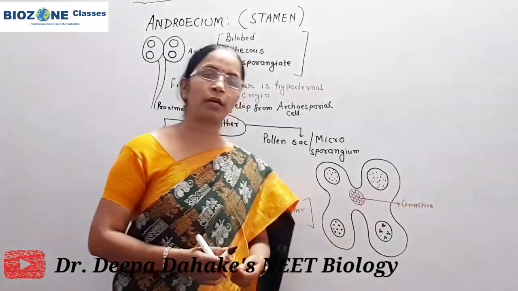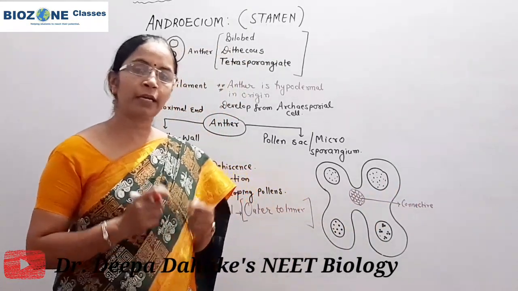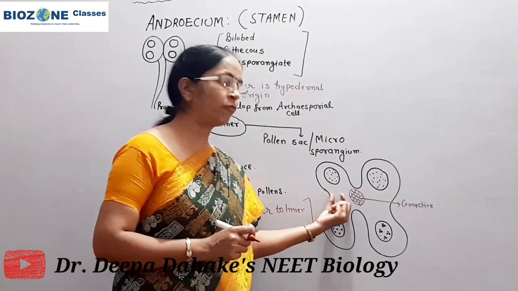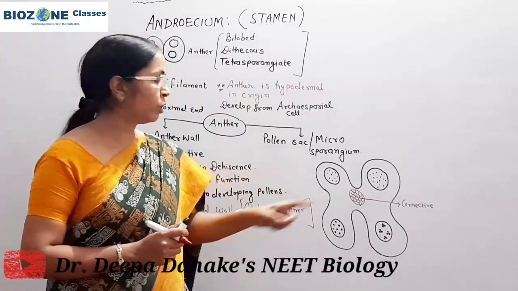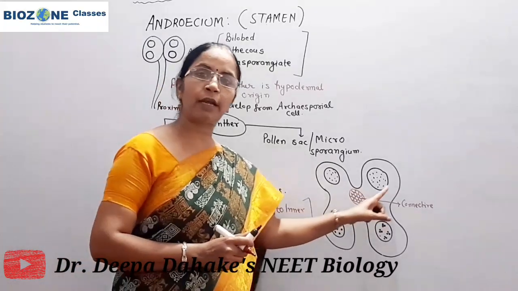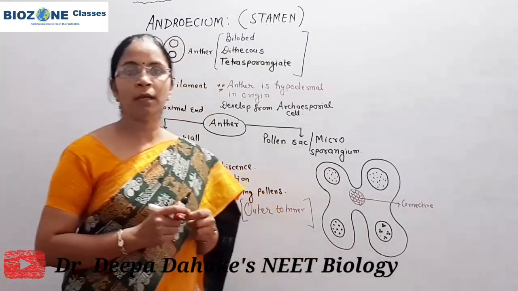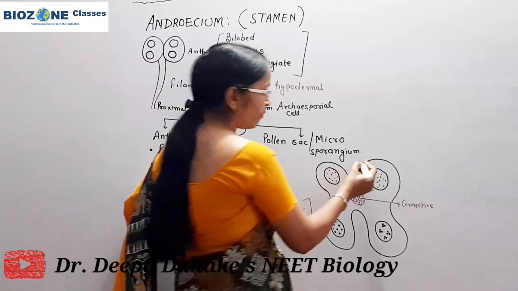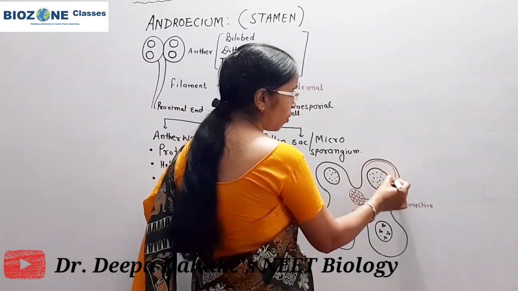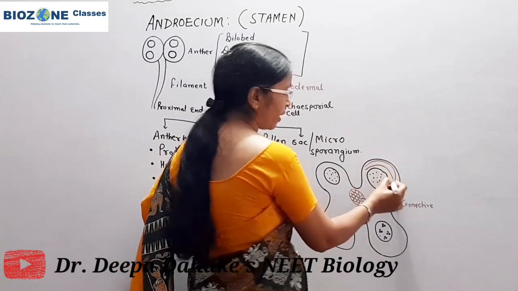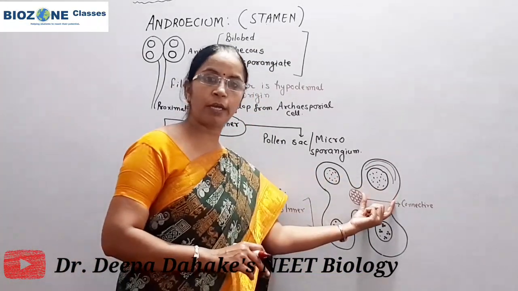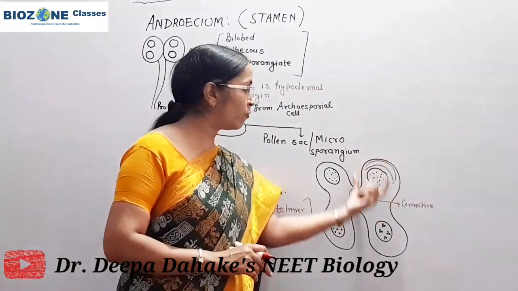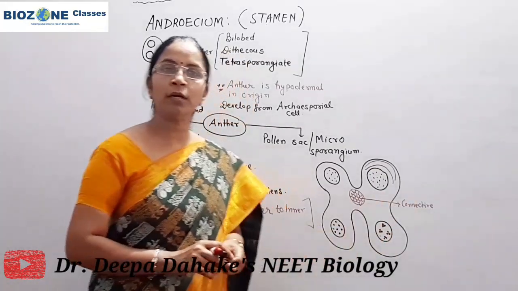The main function of the connective is the transport of food and nutrients towards the developing anther as well as the developing microsporangium. And the wall of the anther consists of 4 layers. What are these 4 layers? We study them in a 1/4 section of the anther.